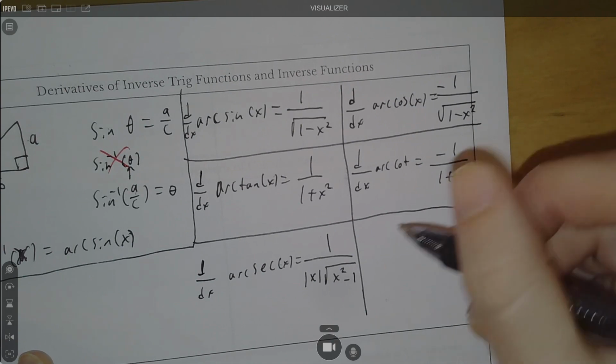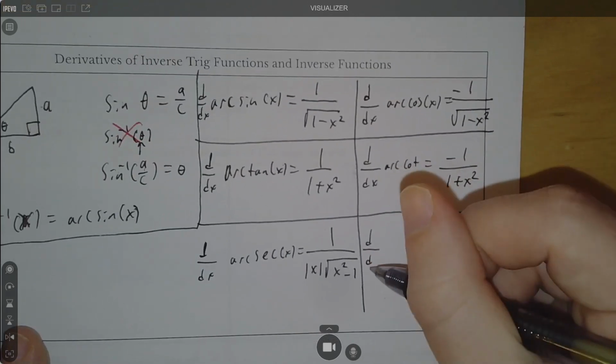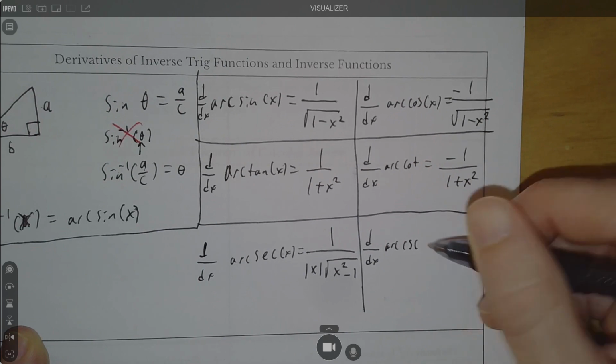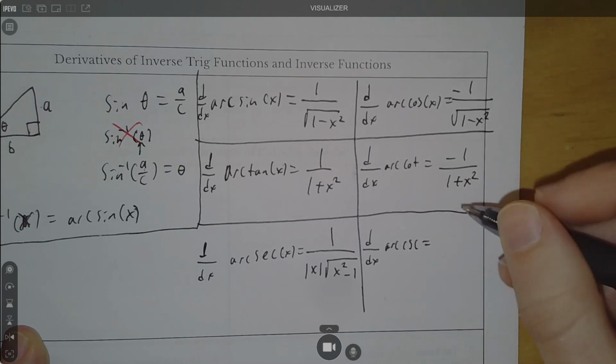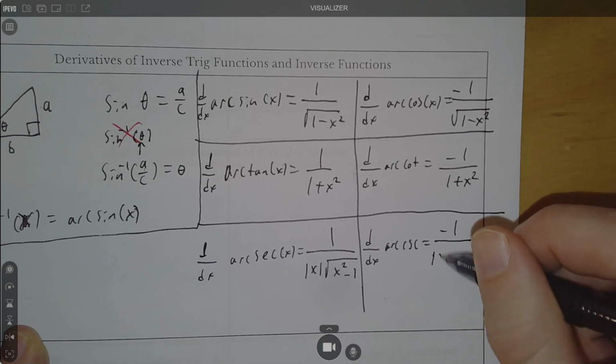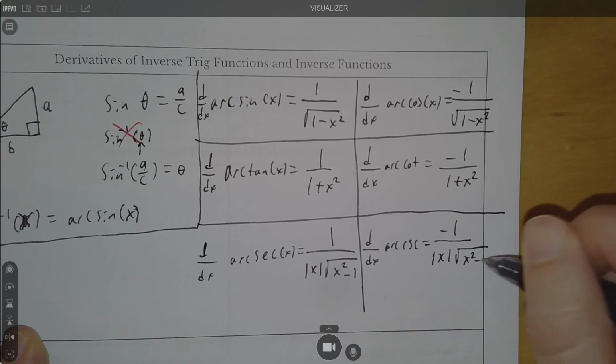And then we have the derivative of arc cosecant, which is negative 1 over absolute value of x root x squared minus 1.